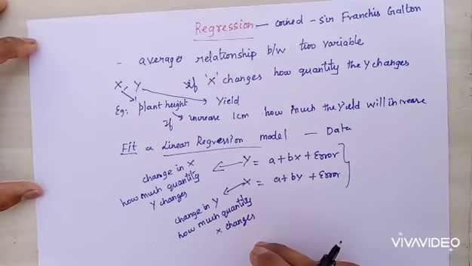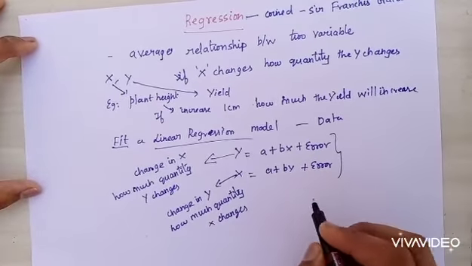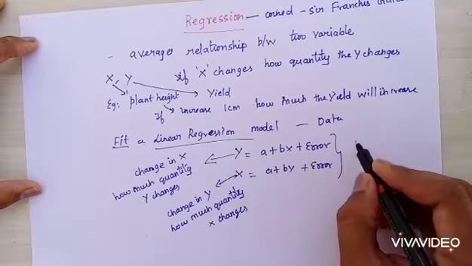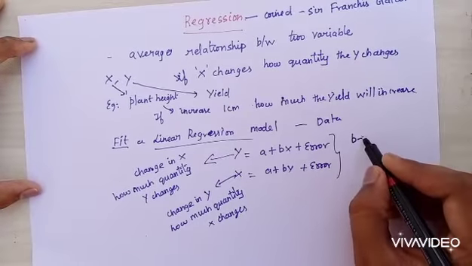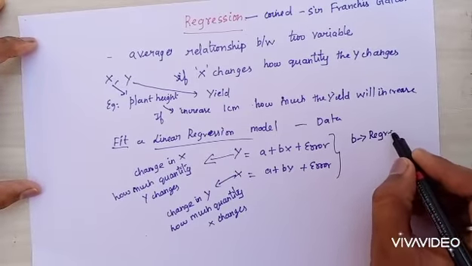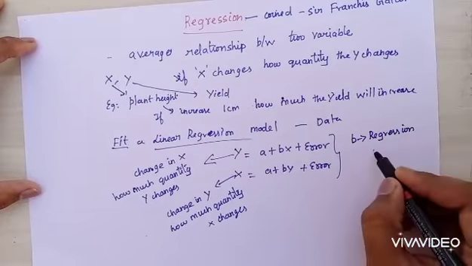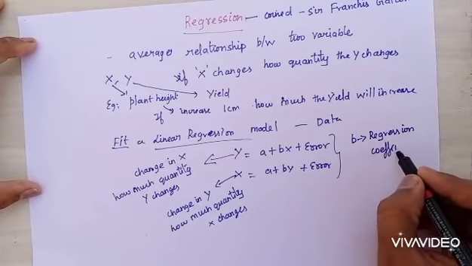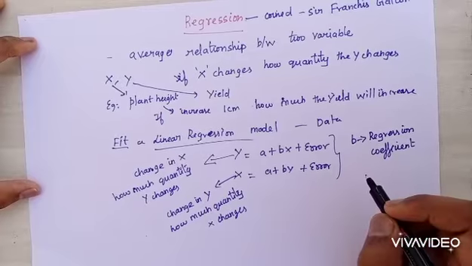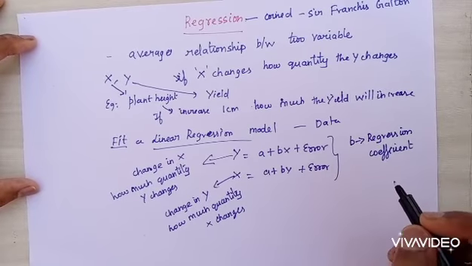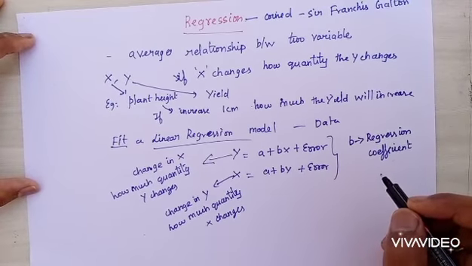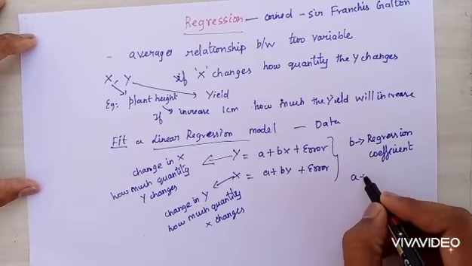Here this b is called the regression coefficient, and a is called the constant.